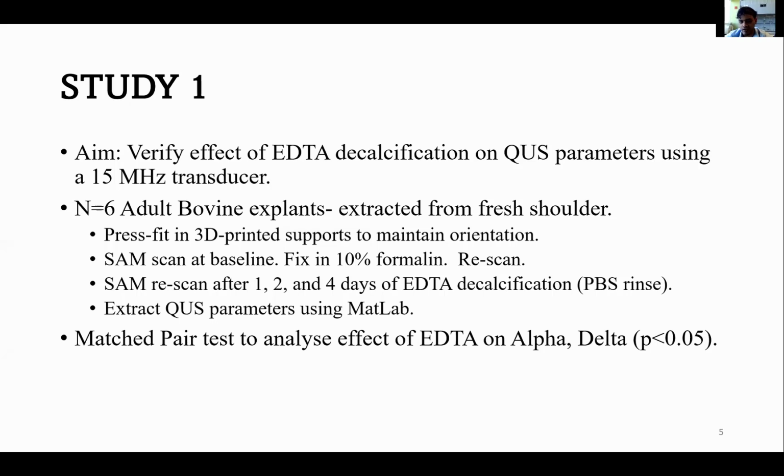They were decalcified for 4 days and were rescanned after each day of EDTA decalcification. We rinsed them in PBS to get rid of the minerals before scanning, and the raw scan was acquired and the parameters were extracted using MATLAB. For statistical analysis, we conducted a matched pair test to see if there's any effect of EDTA.